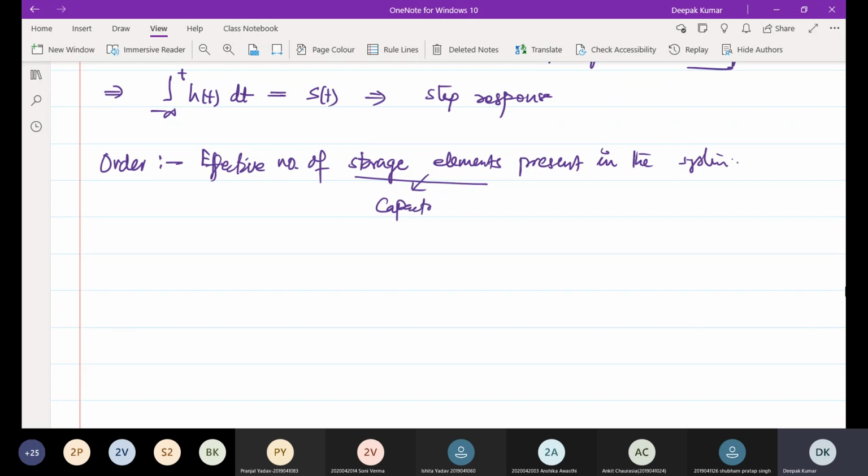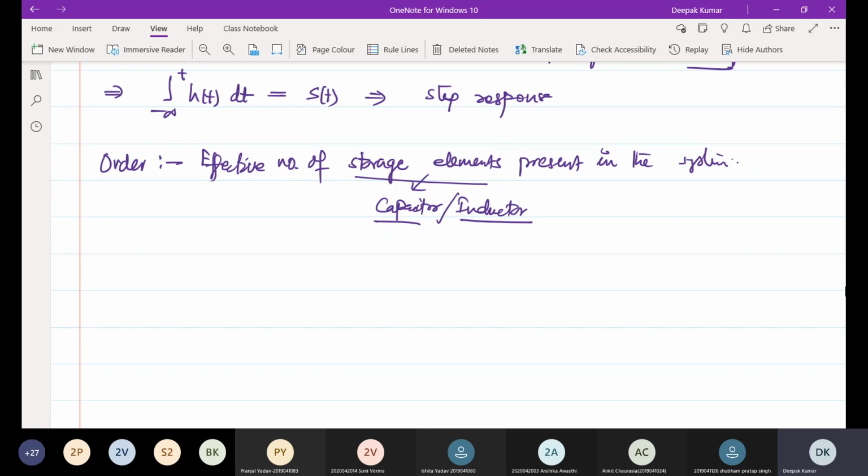A capacitor is also a storage element. It stores electrical energy, and an inductor stores magnetic energy. These are the storage elements. So we construct the first and second order systems.